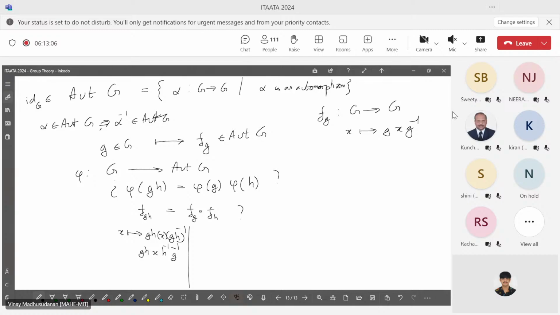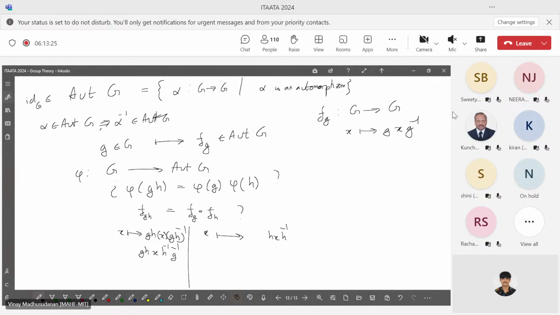f_g f_h of x. So first apply f_h. So f_h maps x to what? First, f_h maps x to h x h inverse. Oh yeah, it was right.